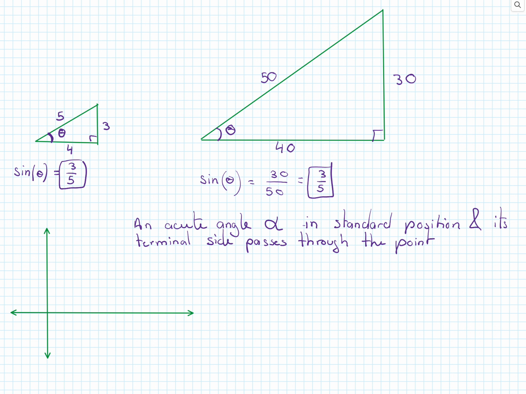The point 2, 3. So we're going to call point P, 2, 3 the coordinates, the ordered pair of that point. And our job is to find all 6 trigonometric ratios.